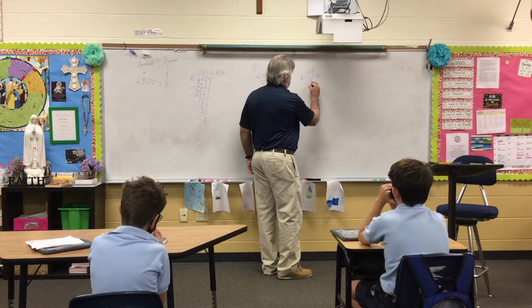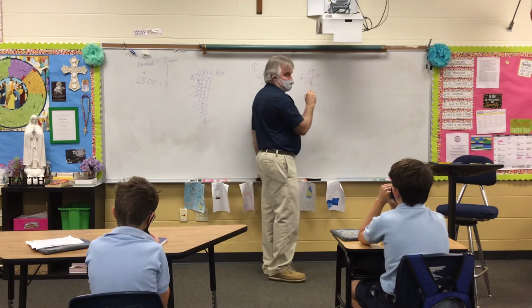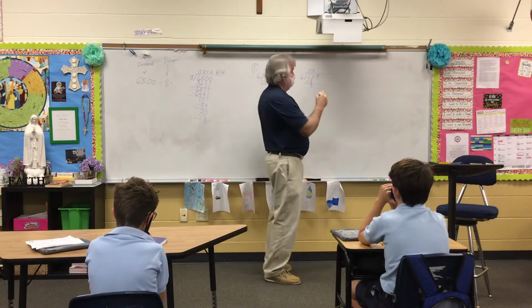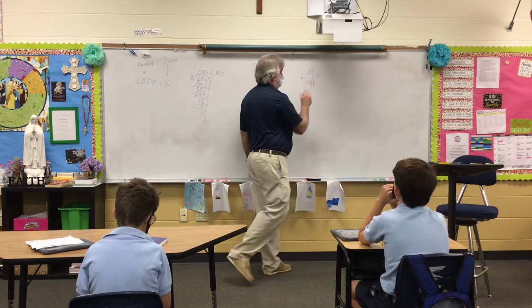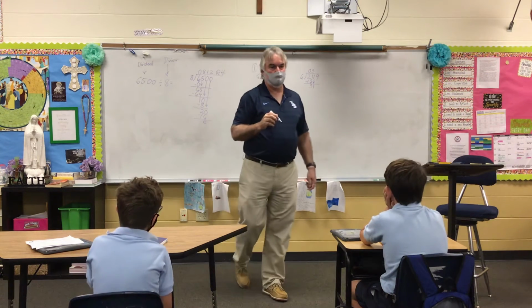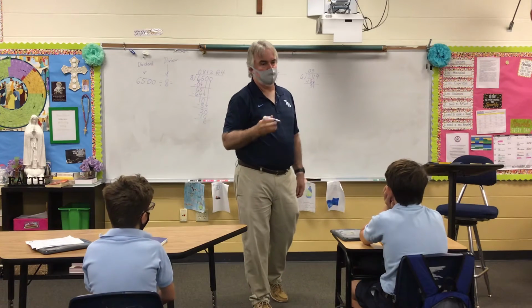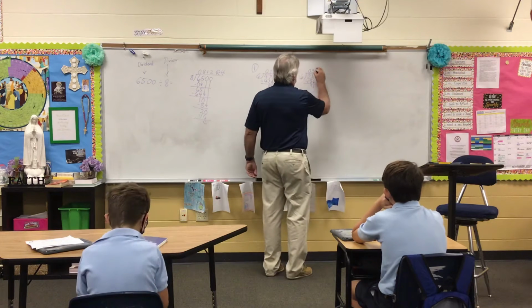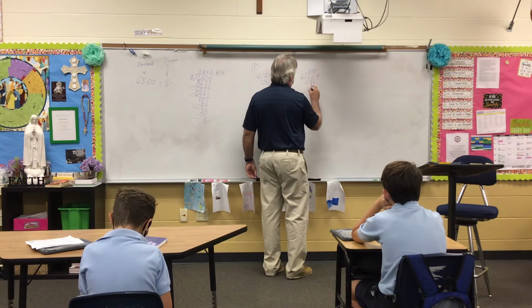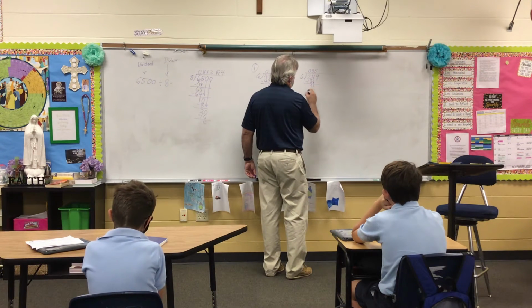So I subtract from 21, I get 3. Then I go to the next number and bring that one down. So now 6 goes into 31 five times. 5 times 6 is 30.